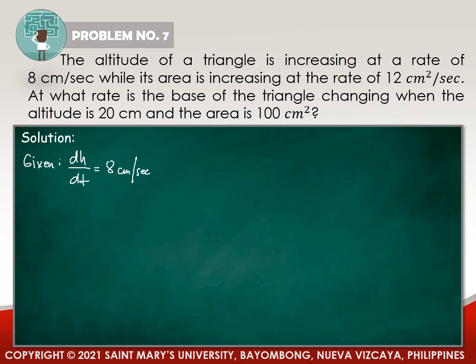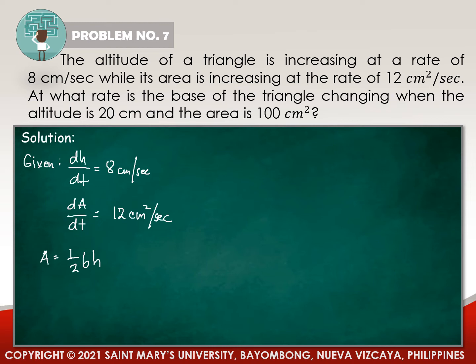Next, the area is increasing. So we have dA over dt equals positive 12 centimeters squared per second. And then, there's another given here na hindi lang implied. Yung base, pwede kasi nating masolve using the formula of the area. Alam naman natin ang area ng triangle equals 1/2 base times height.